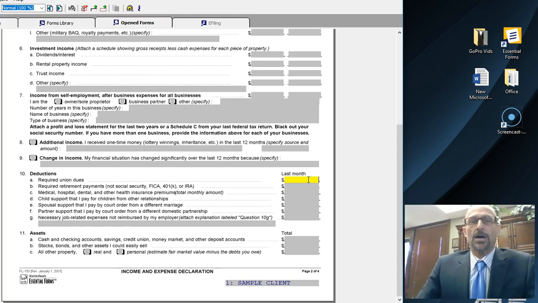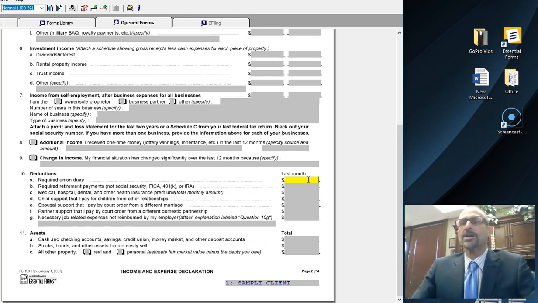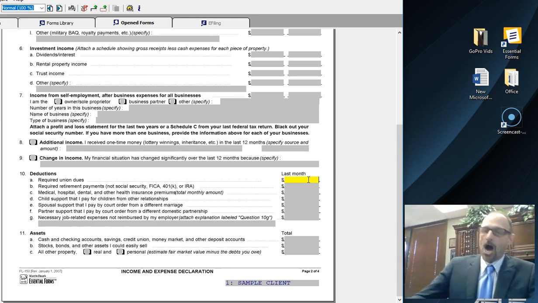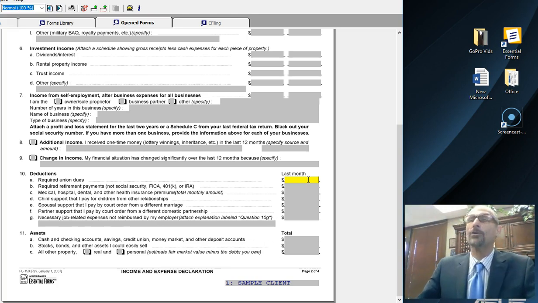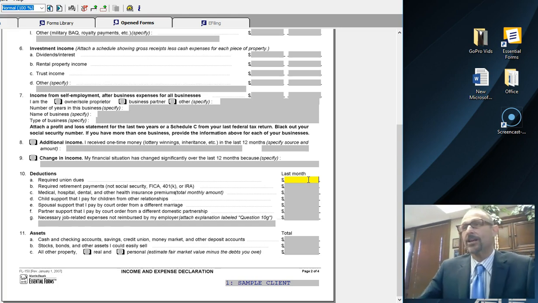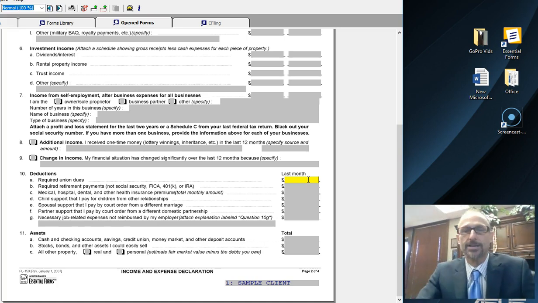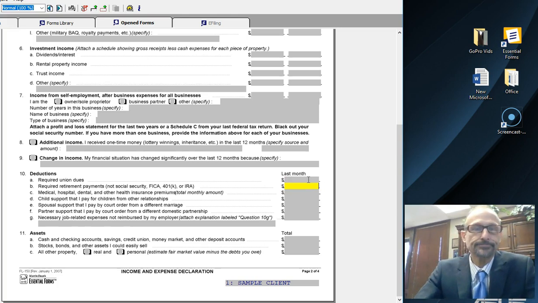For example, and we're not talking about Social Security, FICA, 401k, those kinds of things. We're talking about, for example, if you're a teacher and they automatically take retirement funds out of your paycheck. They're mandatory. You never get that money paid into your hand. That's what we're talking about here. So you're going to want to put that amount on that line.